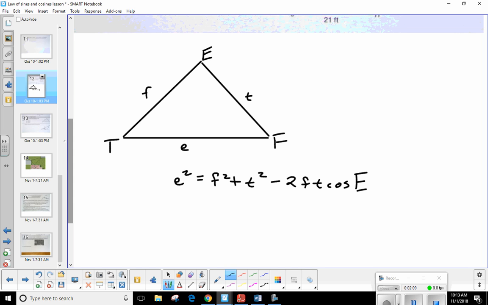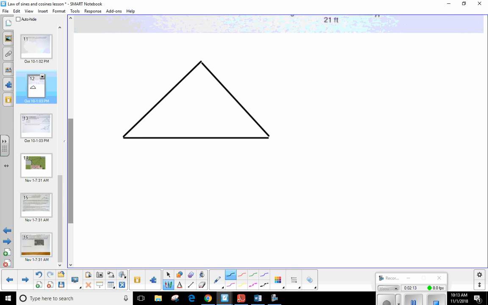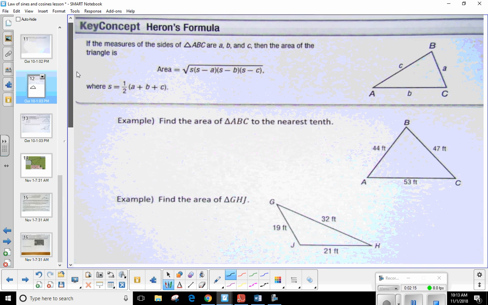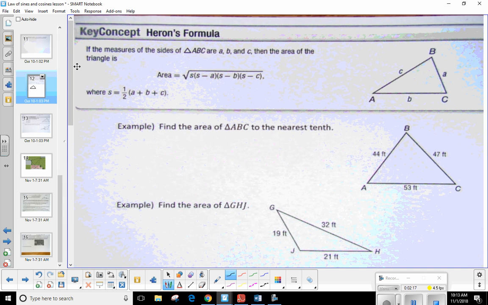Okay, good. Well, one of the things that we want to go ahead and look at briefly at the end of this section is what if we want to go ahead and find the area of one of these oblique triangles? Okay, and we don't want to take the time to drop a perpendicular segment so that we can have a base and a height and go from there, because we all know 1/2 the base times the height is the area.